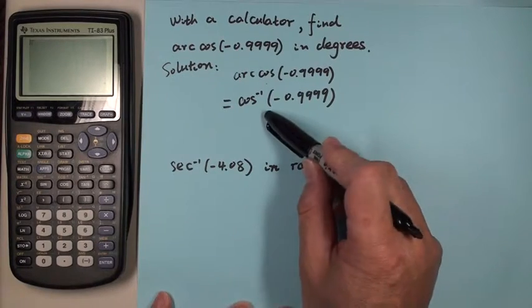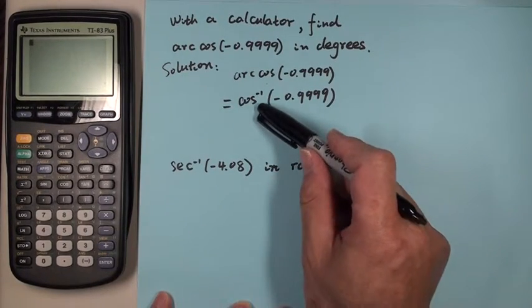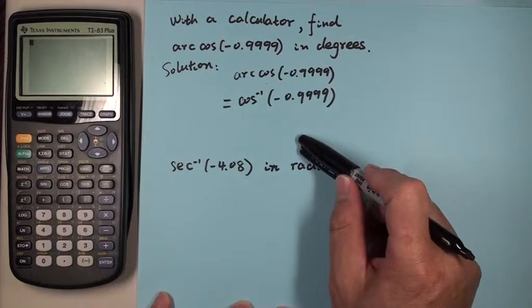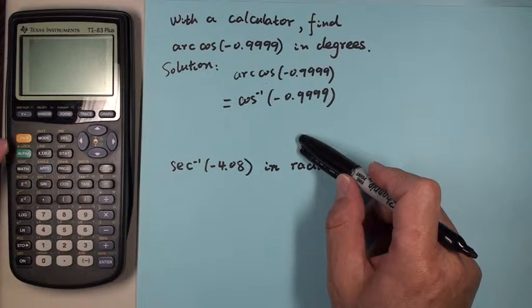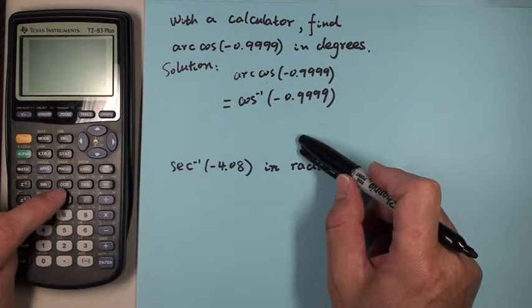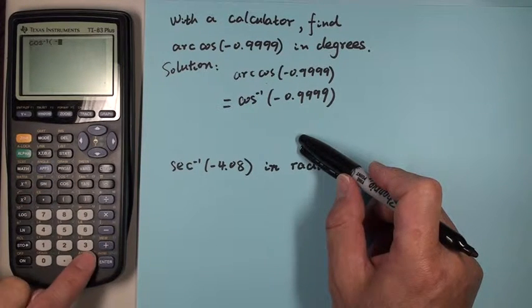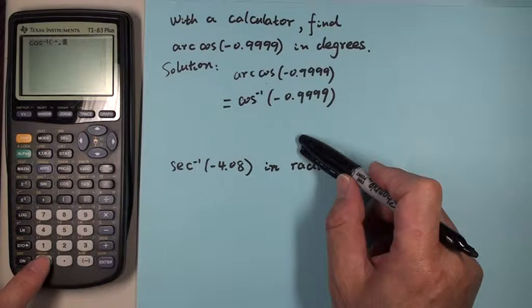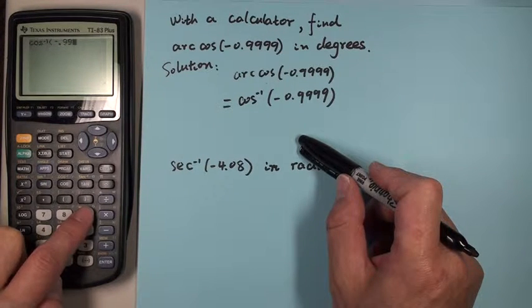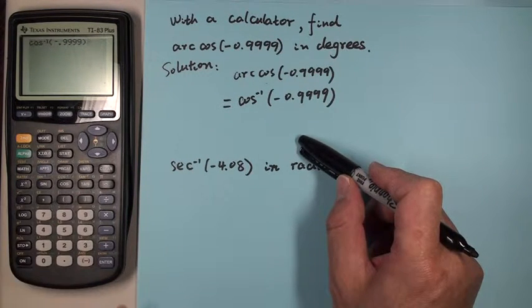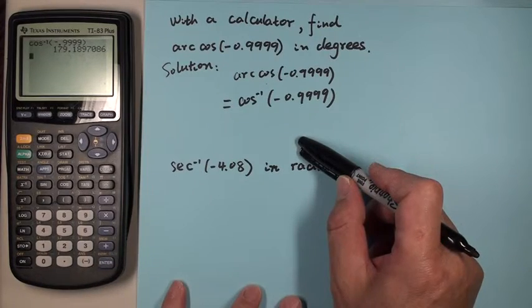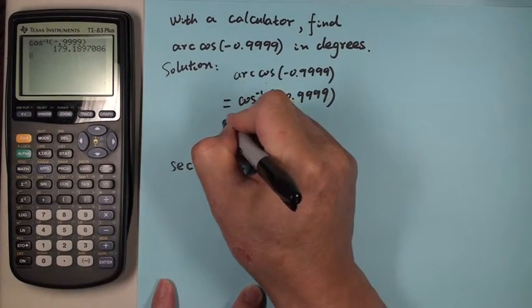You want to find cosine inverse of this value, so that will be second, cosine, the yellow function's inverse, -0.9999. Close bracket, hit enter, and that's in degrees.